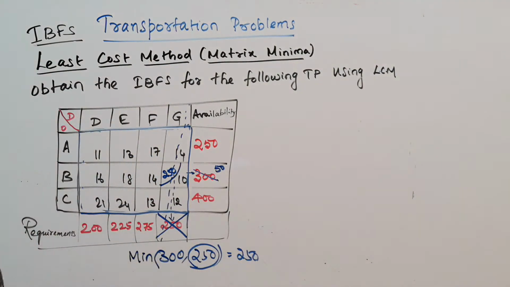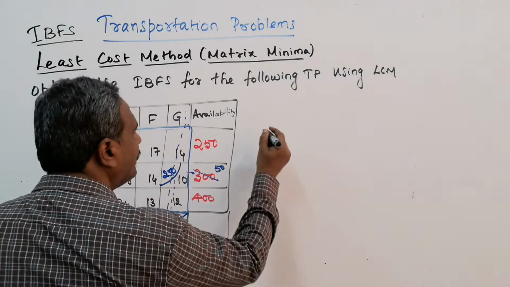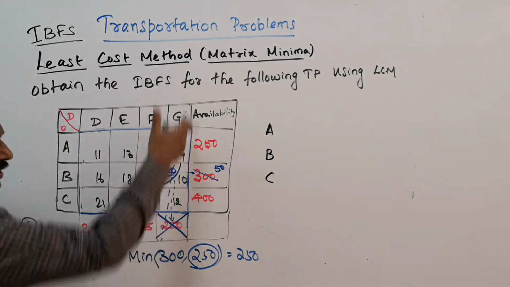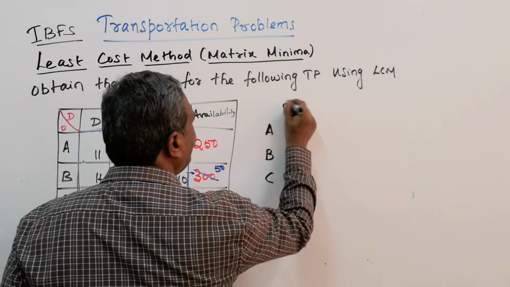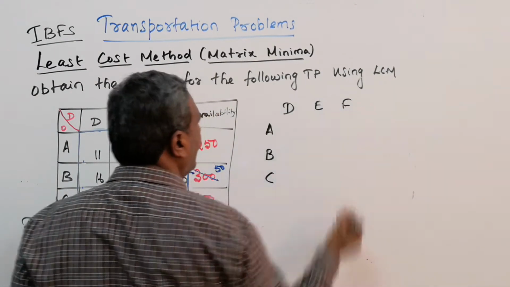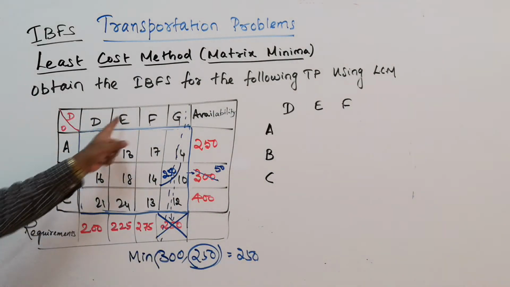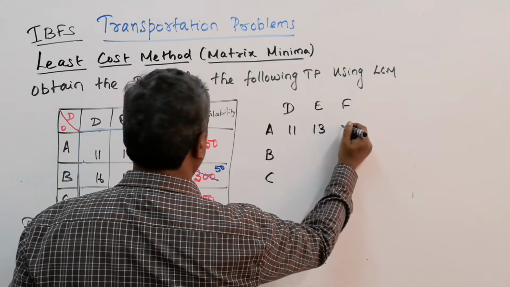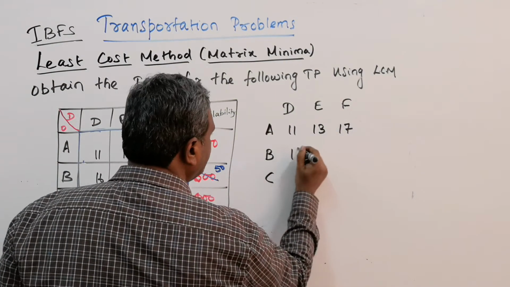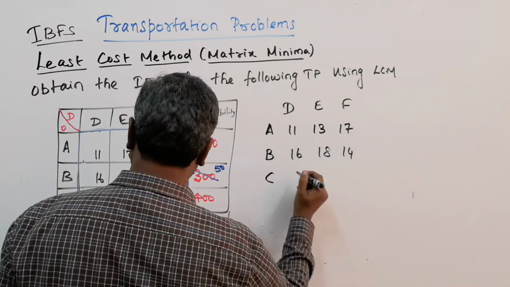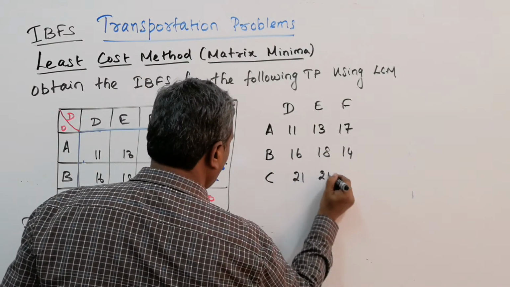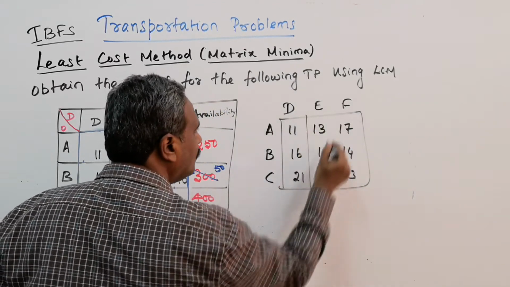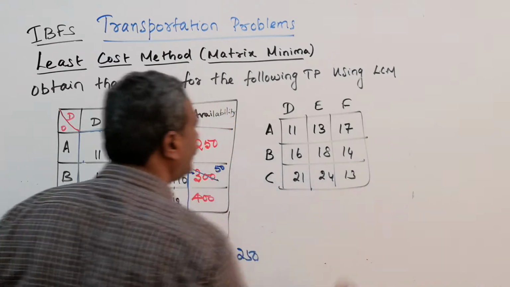So I am going to take the remaining values. What are all the values available here? I am having A, B, C, G, I have allotted everything. So I am having D, E and F. I am going to take the cost matrix for this one.